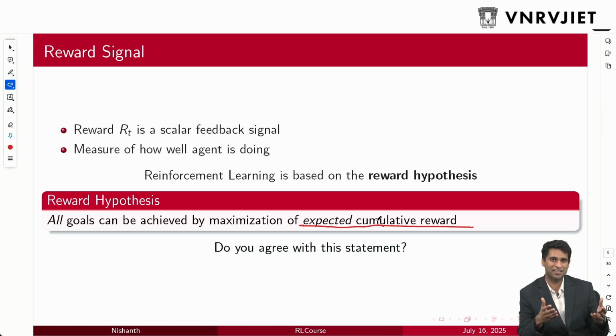By extension, a composite reward function can be defined which addresses each of these goals, and at any point of time, one component of the reward function can give reward for the current goal that I'm trying to achieve. So the reward hypothesis does hold true, and all goals can be achieved by maximizing the expected reward.